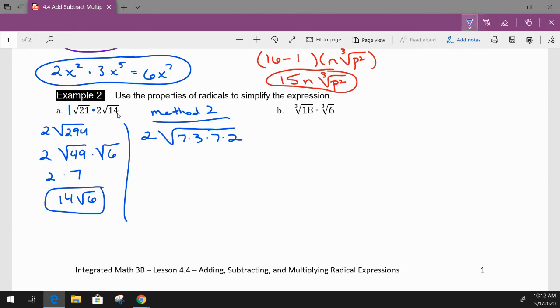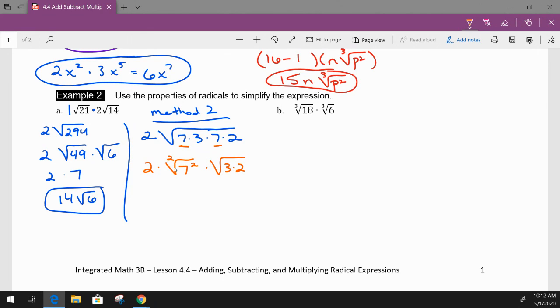So if we look here, we now have 2 factors of 7. So I could rewrite that as a square root of 7 squared. And then I would still have the 3 times 2 that are not perfect squares that can stay underneath. And then we have this 2 out here.